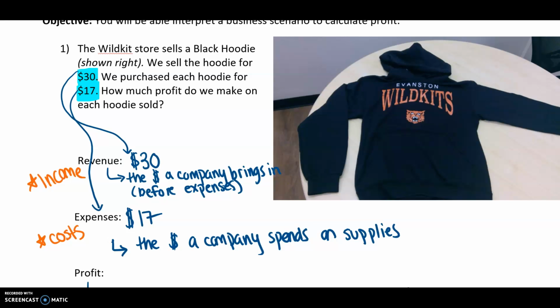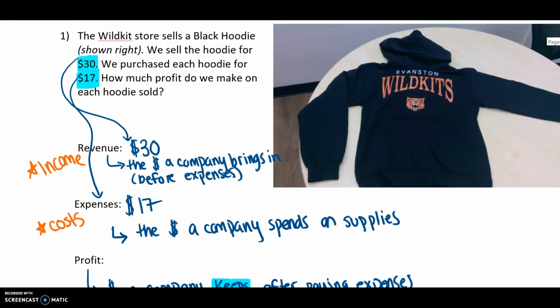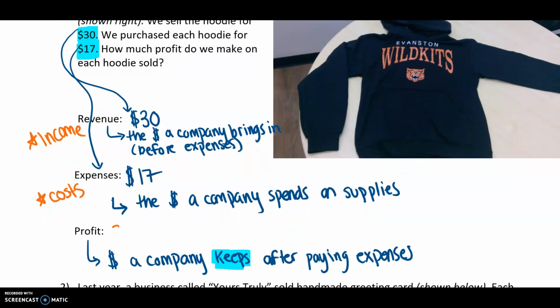So the money that we keep, well, you think we're keeping 30 because that's what the customer hands you. No, you have to take 17 out of that $30 and pay your credit card bill or pay it back, whatever it is. So in order to calculate profit, we're going to take the $30 the customer hands us and subtract the $17 that we had to pay for that hoodie, because we don't get to keep the money we paid for it. And that's going to be our profit, which in this case would be $13.